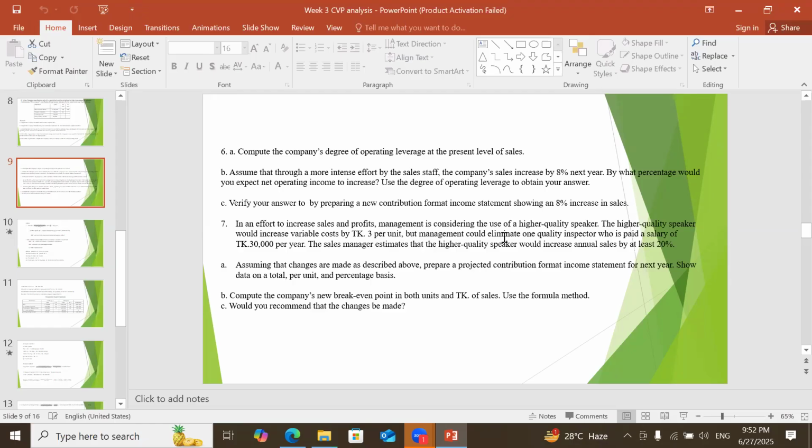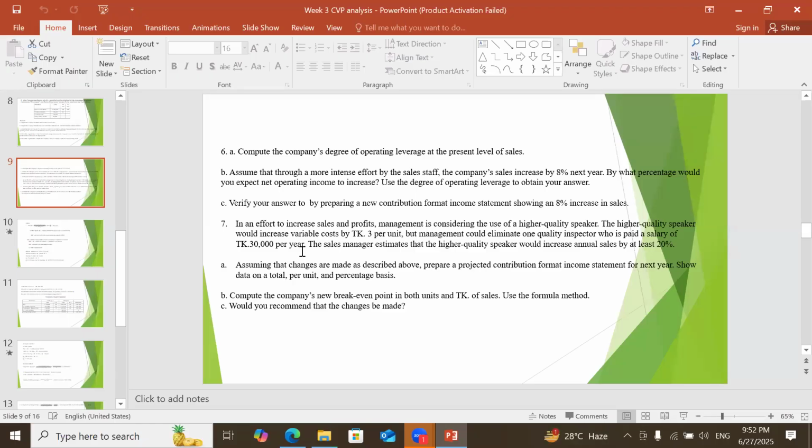And management could eliminate one quality inspector. Now management takes a decision to fire an inspector who is paid a salary of taka 30,000 per year. Of course, management wants to increase their product quality. So they employed one employee, but want to fire him because the product quality has already increased.